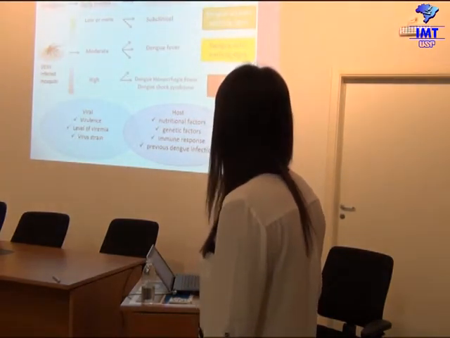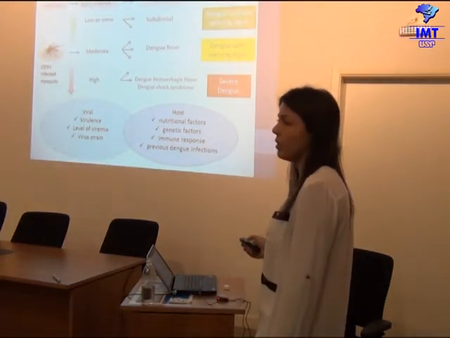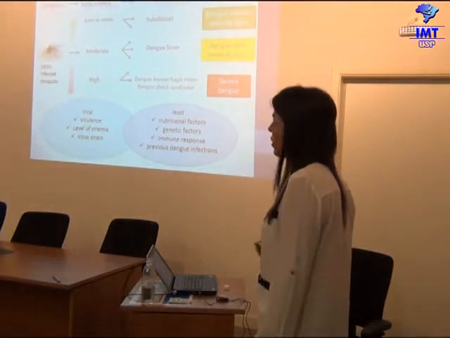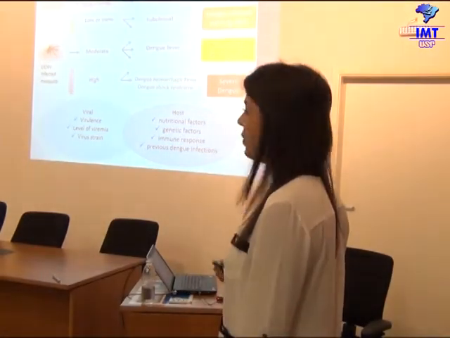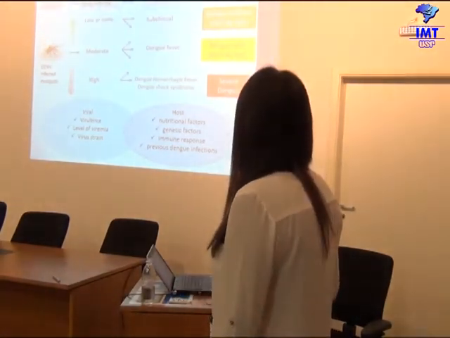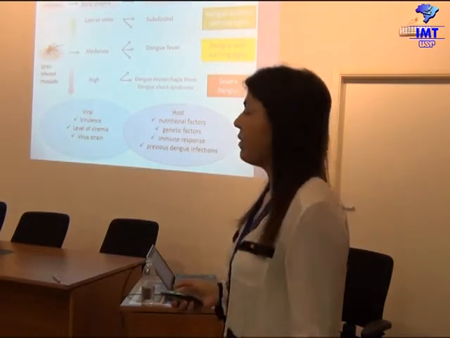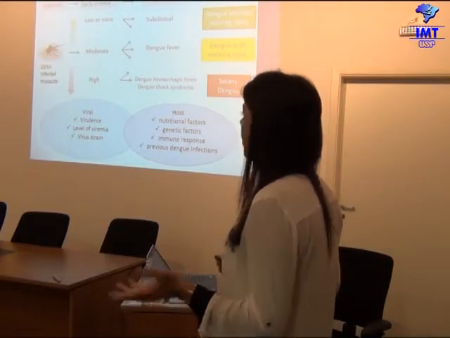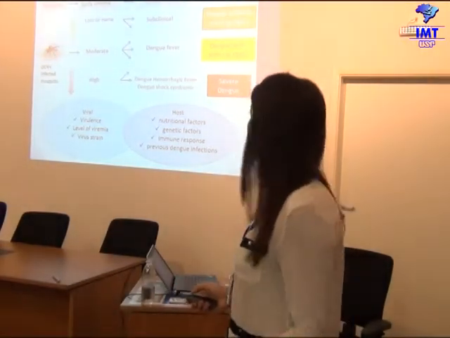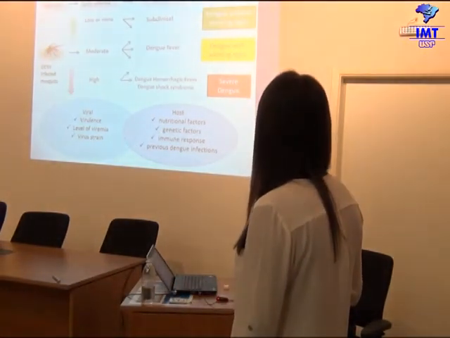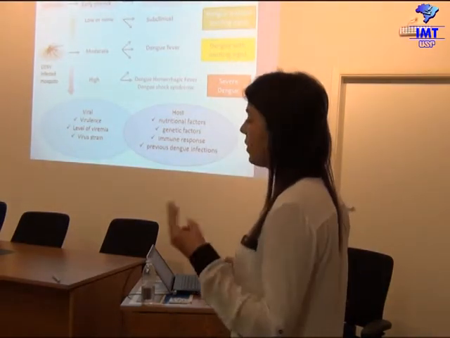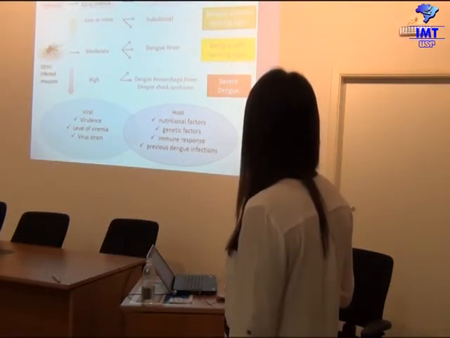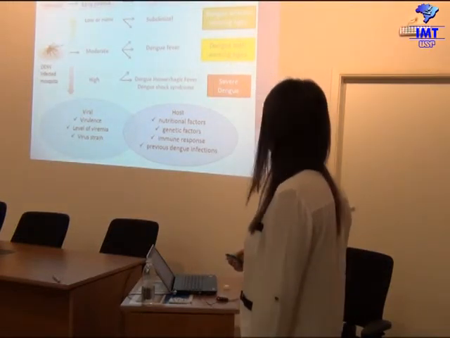For example, you have dengue fever in moderate case, dengue hemorrhagic fever, and dengue shock syndrome in the severe case. This classification is very complicated. In 2009, the World Health Organization suggested a new classification for dengue based on warning signs. So they suggest 3 types of dengue: without warning signs, with warning signs, and severe dengue.